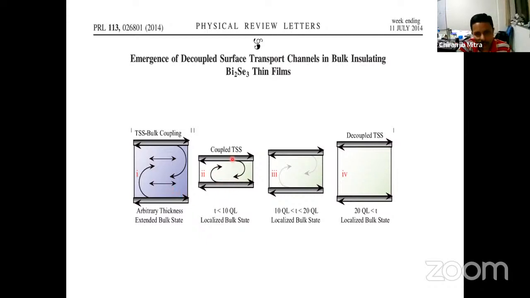If the two states are coupled through the bulk, then we have only one channel. However, if they are significantly decoupled, either because you have a large thickness or a minimum number of dopants, then you have two distinctly decoupled topological surface states.